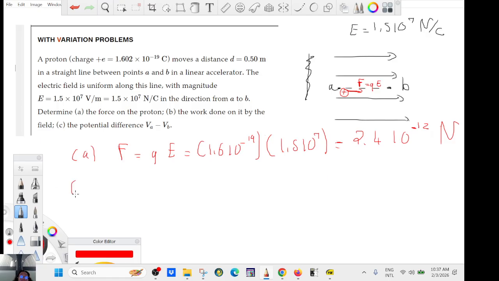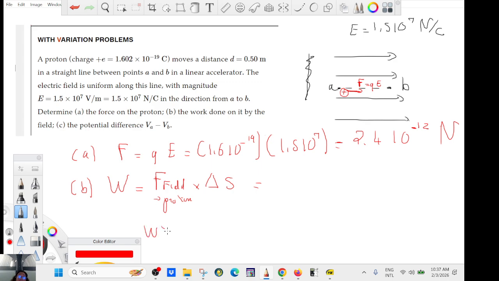Okay. And B, the work done on it by the field. So it's the field that wants to bring it back to a lower level of energy. So the work is the force done by the field on the proton times the displacement. And it has to be positive because you see it increases its kinetic energy.